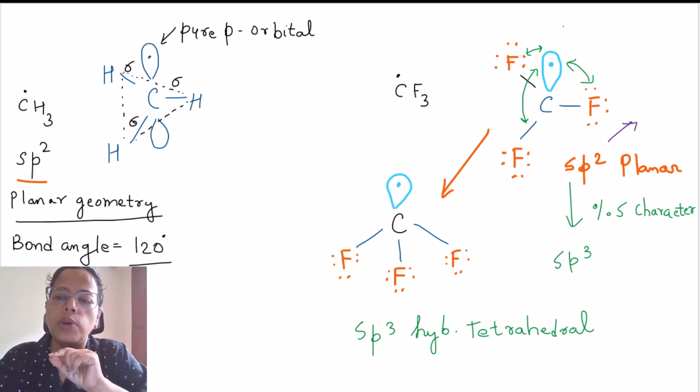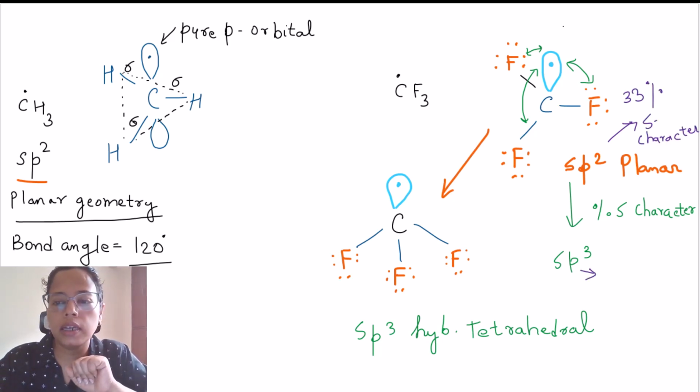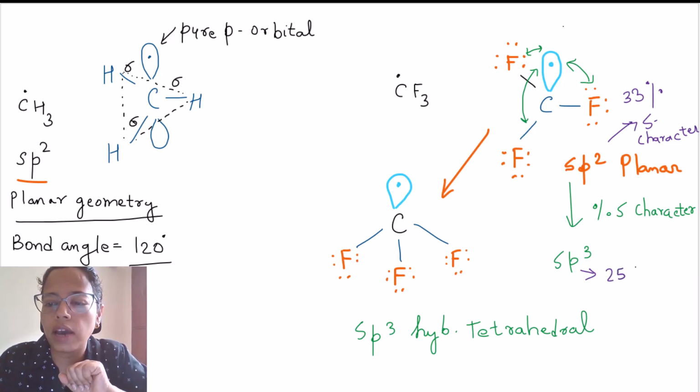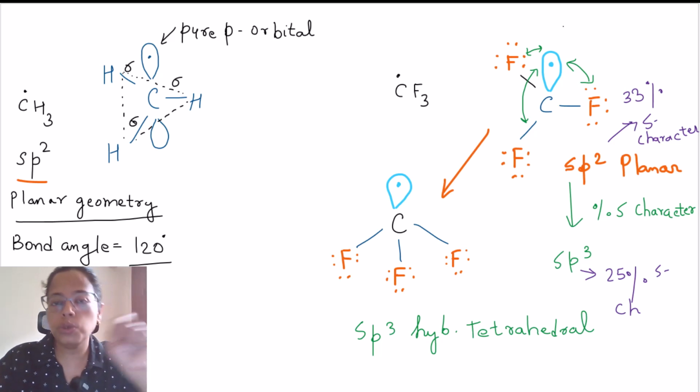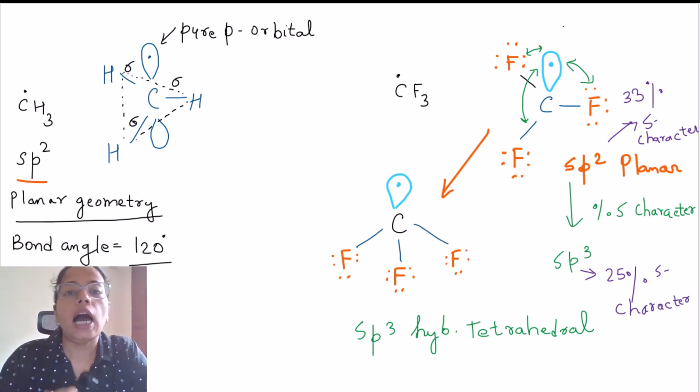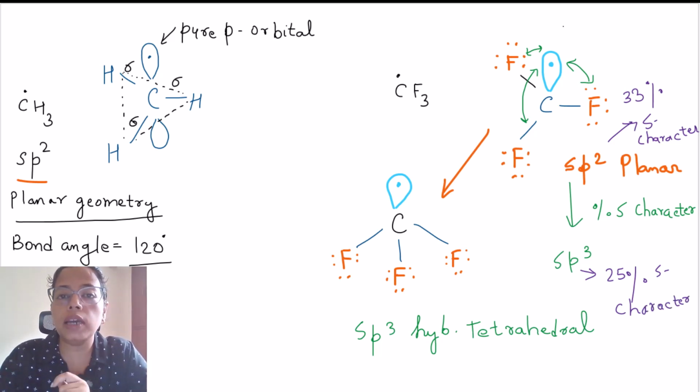In this hybridized orbital, the percentage s character is 33%. While what is the percentage s character for sp3 hybridized orbital? It is 25%. So s character is reduced from sp2 to sp3, and that is also explained in the books as you read about the difference between CF3 radical and CH3 radical geometry and hybridization.